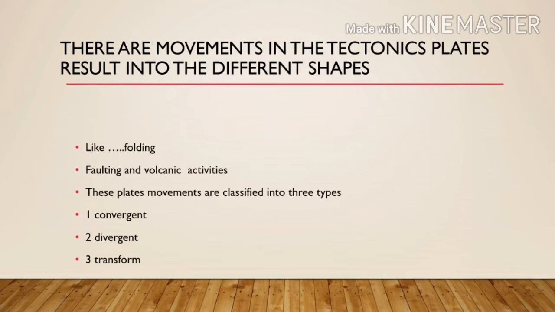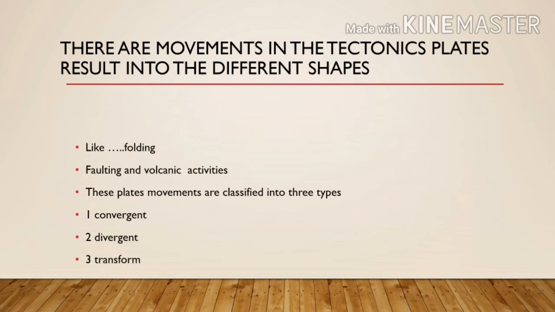Let me try to explain the difference between convergent, divergent, and transform movement of the plate. In convergent, the boundaries move, our plates move towards each other. Some plates move away from each other and form divergent boundaries.